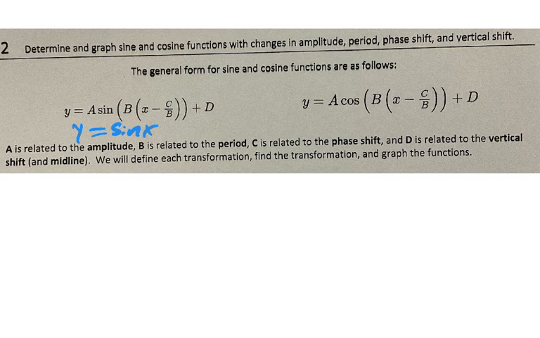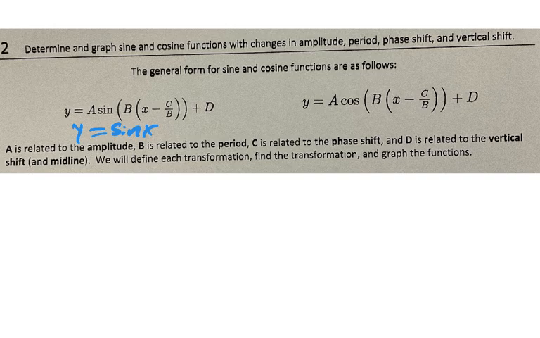Here's what we do to figure out what the new period is. The period is 2 pi over b. What you'll probably hear me say is it's the default period over b.